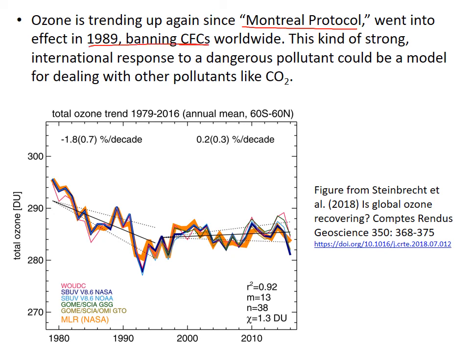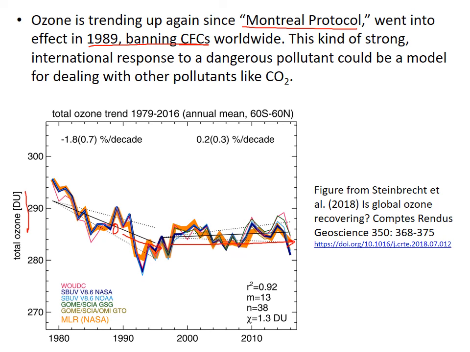And so we banned the chemicals in 1989. The amount of ozone continued to decrease for a while because of the lasting effects of those chemicals. But from the 90s to the present, we've sort of stopped the destruction of the ozone layer, and it looks like ozone might be increasing a little bit again.